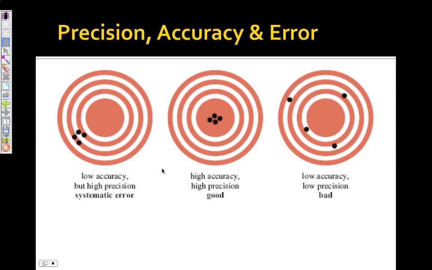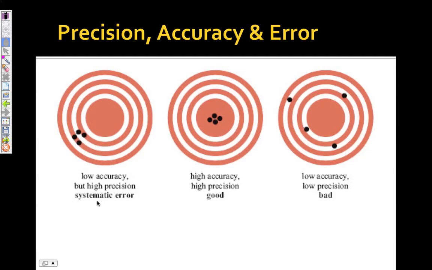This is an image that you will often see in chemistry textbooks. If we have a target and we have all of our holes in one area but not in the bullseye, then it's a low accuracy. It's not accurate because it's not in the bullseye, but since they're all clumped together, it's a high precision.